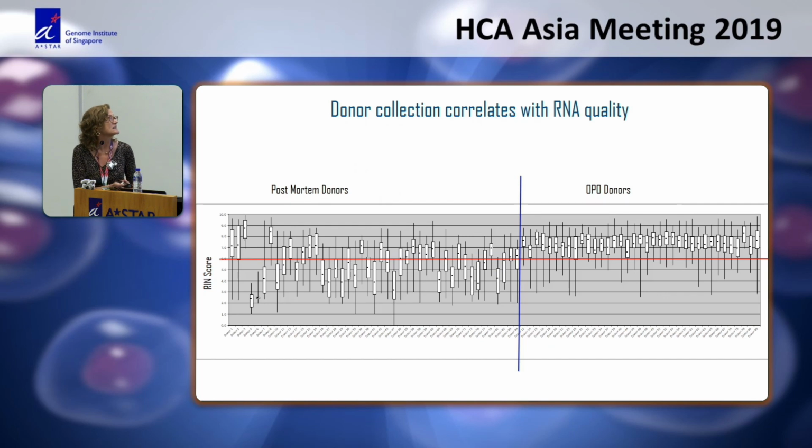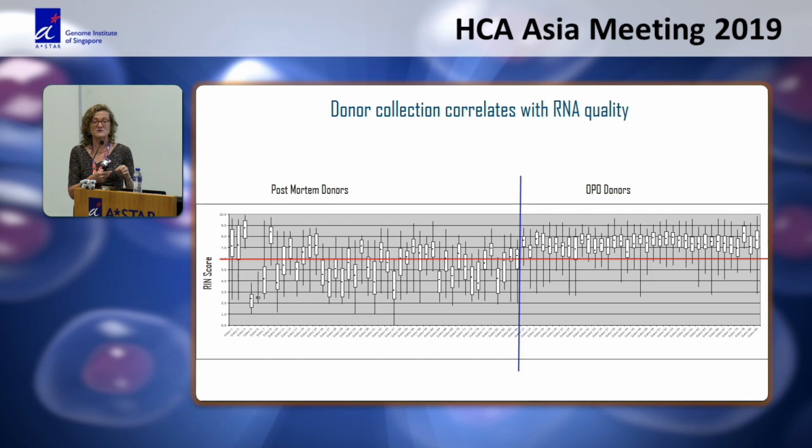In addition, we see donor collection correlates with RNA quality and hence with downstream transcriptome as well. So what I'm showing you here is simply the RNA RIN score, or the RNA quality score, for those 2 different post-mortem donor collection types. On the right are those OPO donors where I said we have people in the operating rooms ready, with the lowest ischemic times, and you can see each one of these is a donor on the bottom.